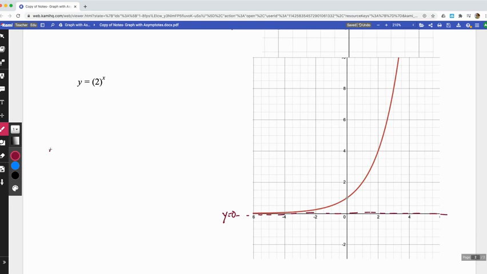Same thing. Think about 2 to the 0th power, 1. We're going to multiply by 2 when we get bigger. So 2 to the 1st is 2. 2 to the 2nd is 4, right? We're going to get bigger. So to go backwards, we're going to divide by 2.